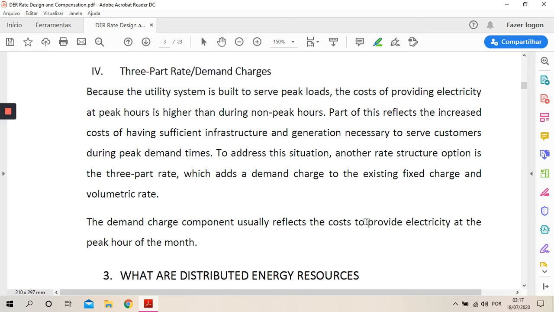To address the situation, another rate structure option is the three-part rate, which adds a demand charge to the existing fixed charge and volumetric rate. The demand charge component usually reflects the cost to provide electricity at the peak hour of the month.